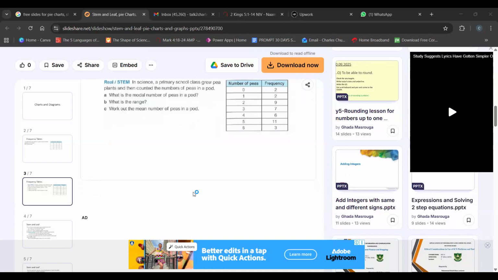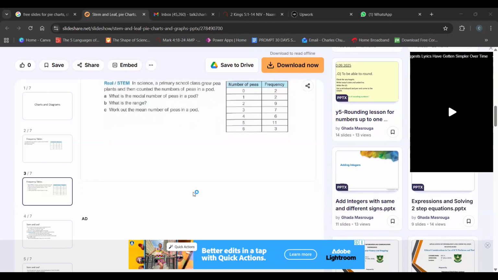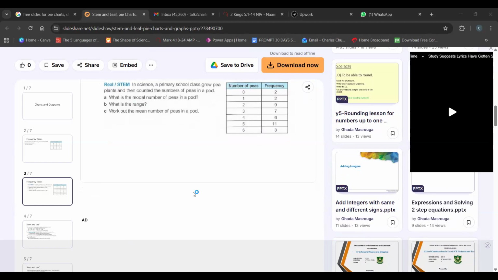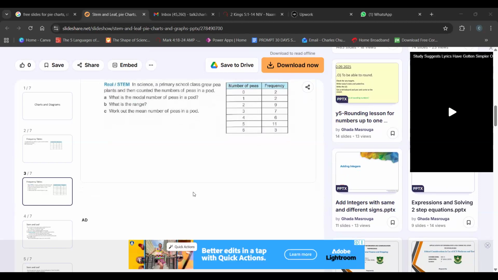Then you do 40 divided by 7. Wait, are you sure about that? For the mean, do you not have to add up all of the numbers and then divide? In this case, whenever you have a frequency table, the mean is slightly different.